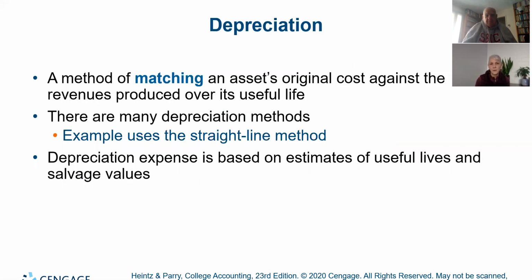Depreciation, a method of matching the cost against what it's doing for us as time goes on. And right now we're only going to look at one kind of depreciation, straight line, and understand that depreciation expense is an estimate, not a hard and fast number. It's an estimate. Depreciation expense based on the estimates of the useful life and salvage values.